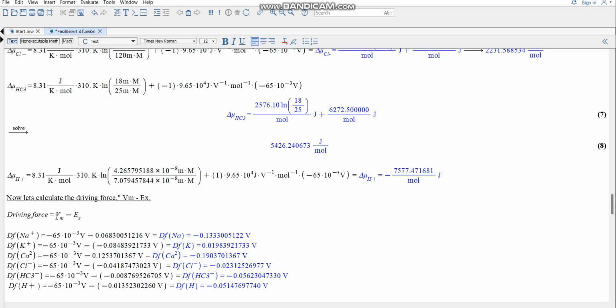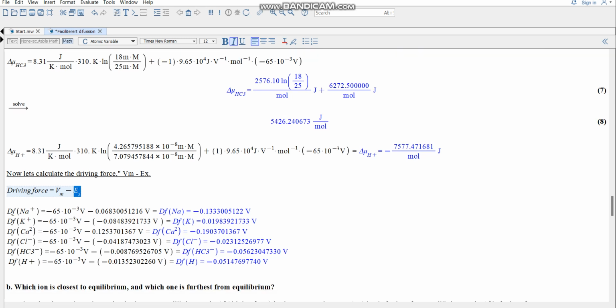So this is the difference between the membrane potential and the equilibrium potential for a given ion. So this indicates the resulting force that drives ions either out of or into the cell.